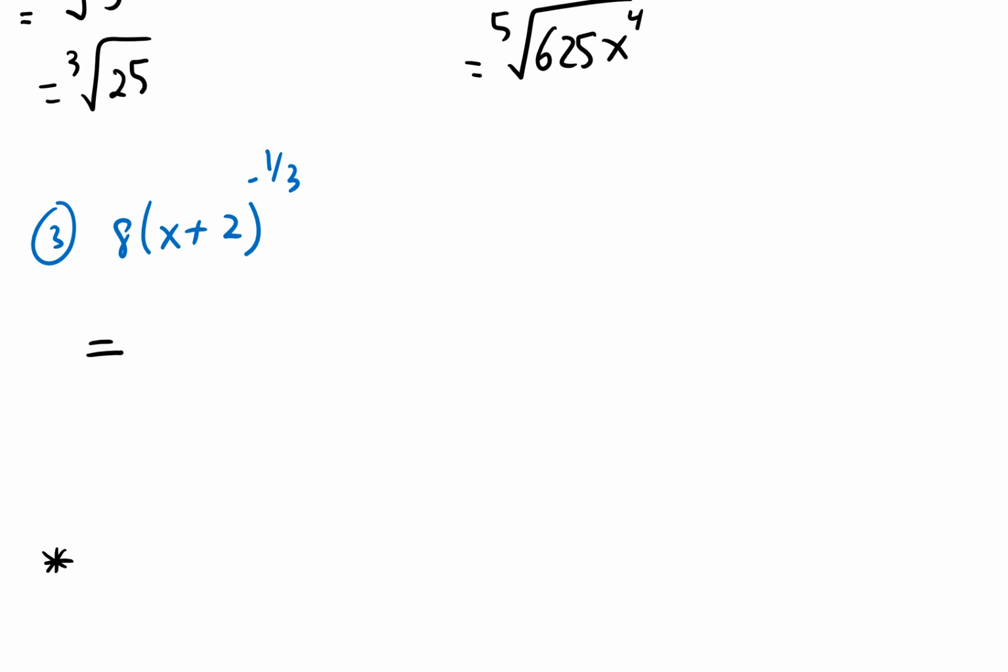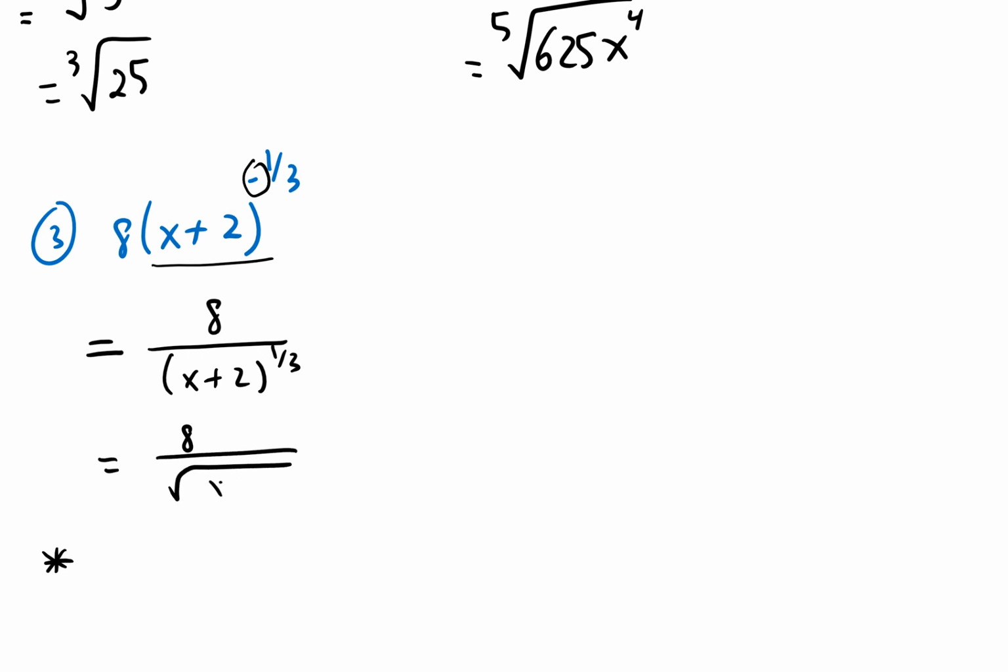This first thing is the negative. The negative is only associated with this, not the 8. So we keep the 8 there, we bring that down. Then this becomes, you put a radical sign, the 1 goes inside and the 3 outside. So that's the answer: 8 over the cubic root of x plus 2.